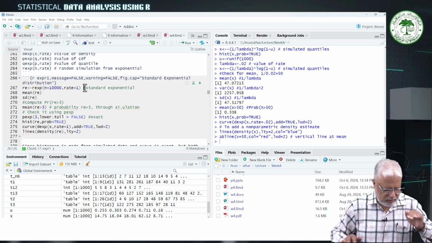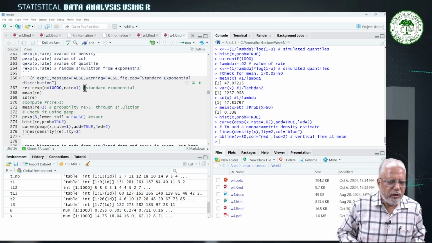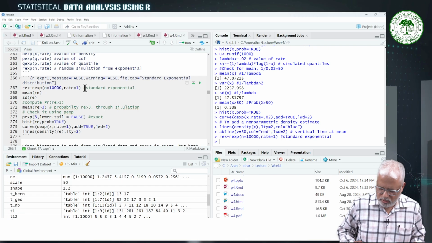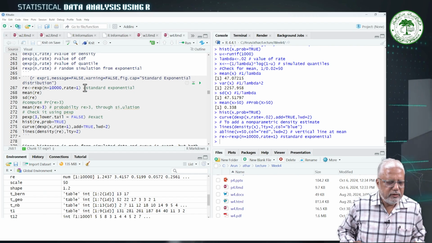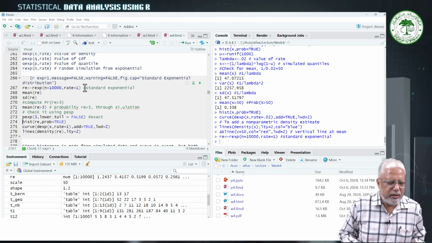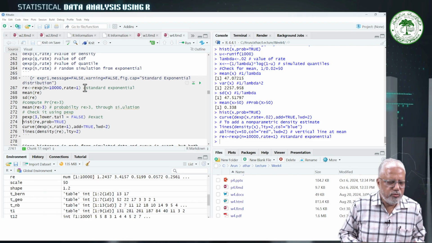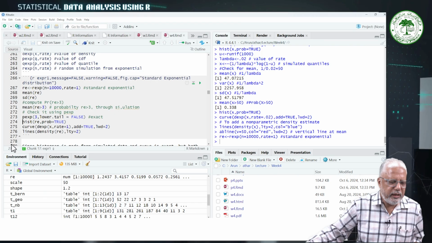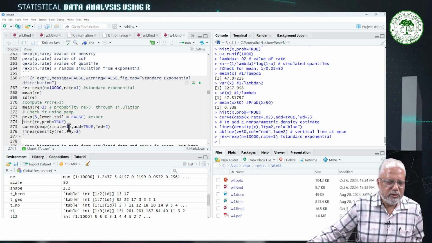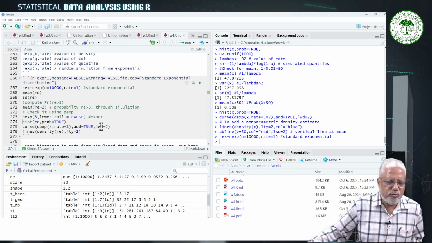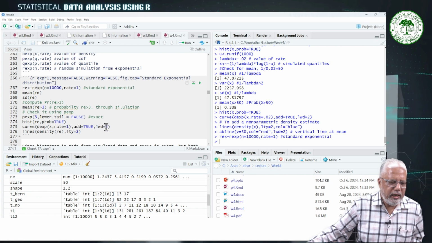This is the simulation of 10,000 observations from exponential distribution, and then if we want to make a histogram of this, hist of re, prob is equal to true, and then we can add the exact curve dexp x, rate is equal to 1, add is equal to true, lwd is equal to 2.